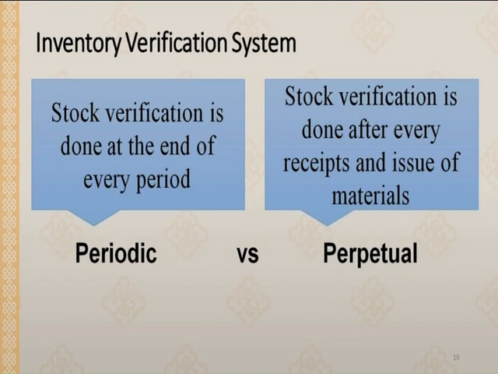Next is the perpetual inventory system, under which the stock verification is done after each and every receipt of materials. So these are the two kinds of inventory verification system, periodic and perpetual.